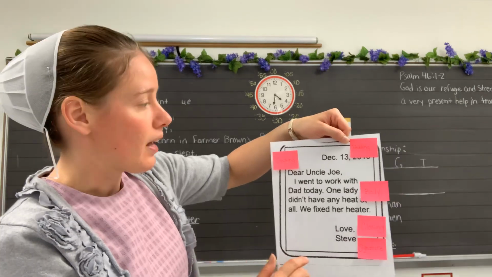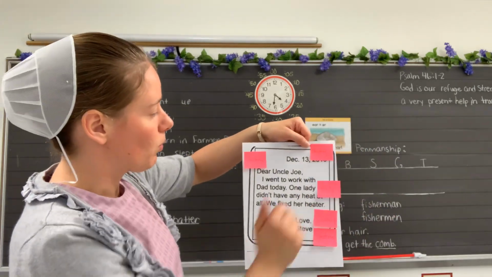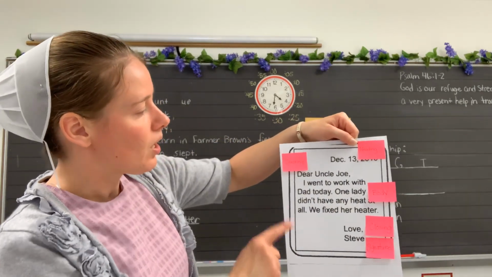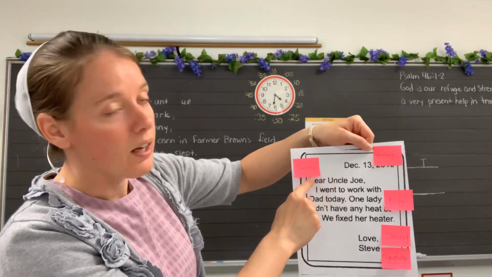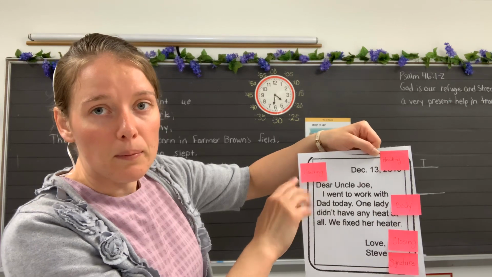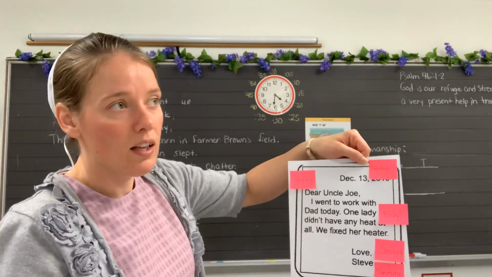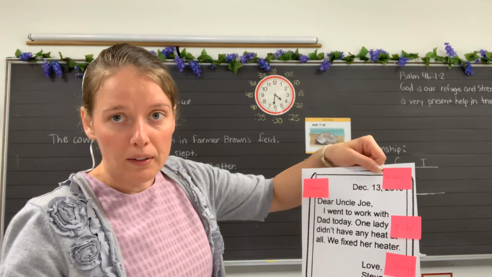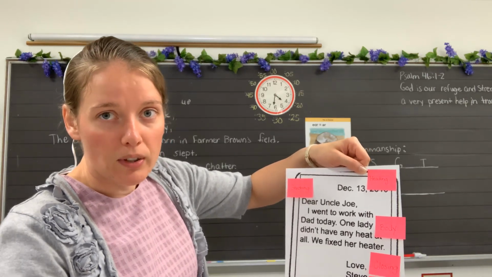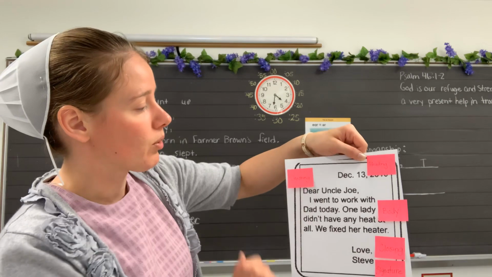That will be written in the top right corner of the letter. And then we have the greeting. Today we're talking about the greeting. The greeting is the words that you address the letter to. Like dear, and then the person that you're writing to.